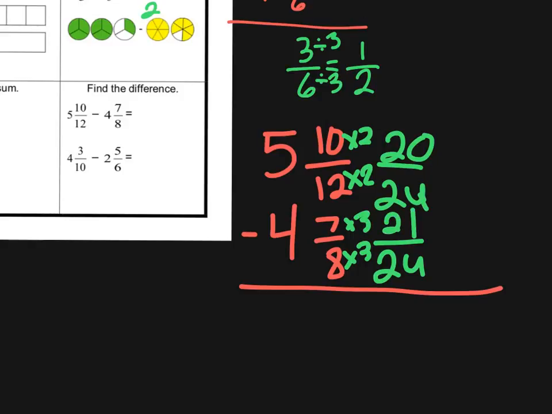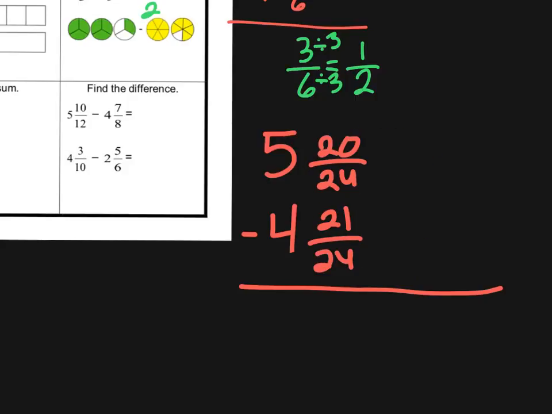So now let's go and rewrite this whole entire thing so it looks clean. It would be 5 and 20/24ths minus 4 and 21/24ths. There we go. Unfortunately, we cannot do 20 minus 21. We don't have enough. So I have to go to this whole number, change it to a 4, take the 1 from it, and then it becomes 24 out of 24, which is a whole.